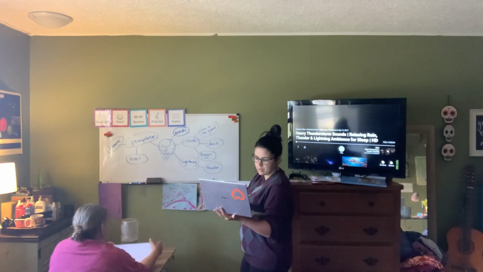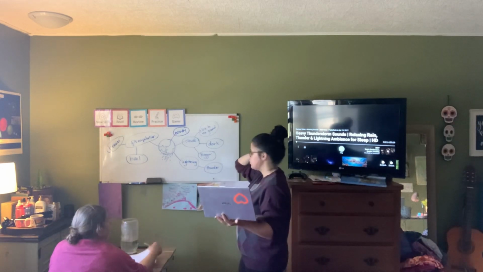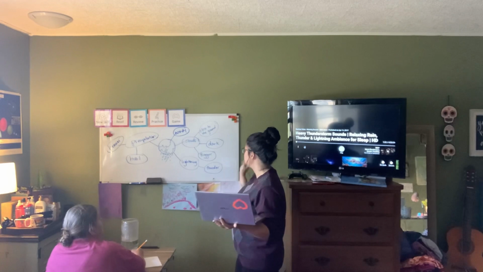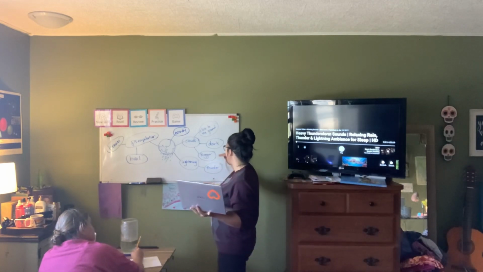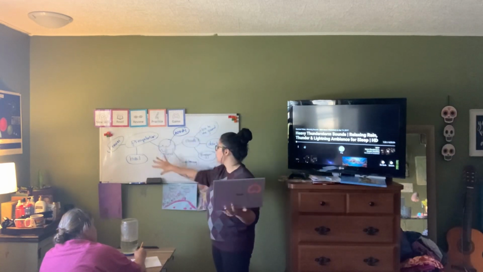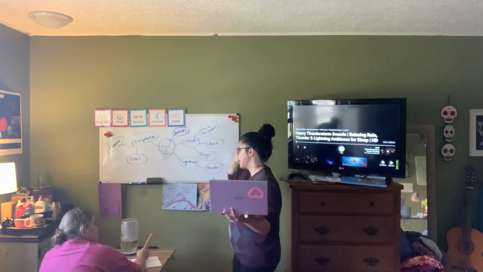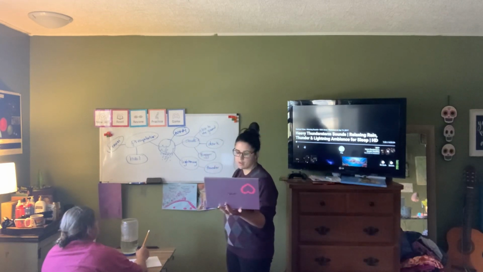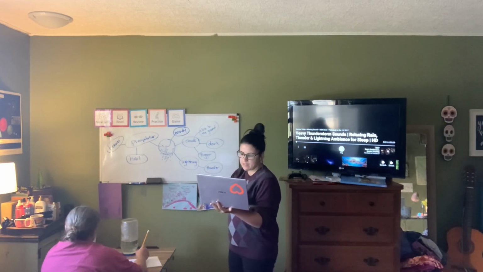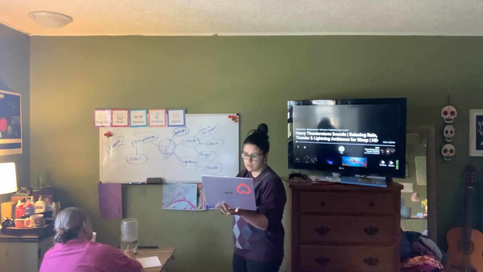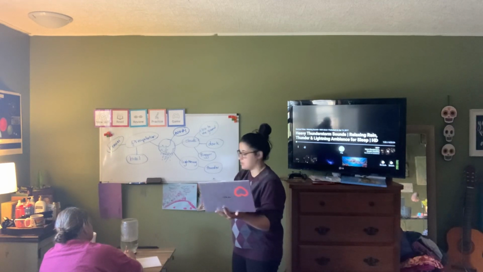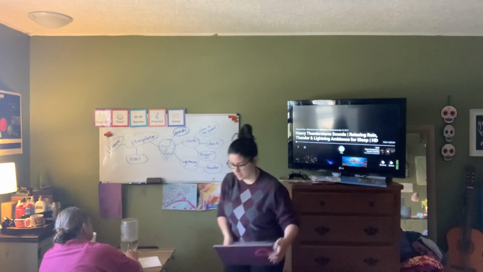You are going to basically fill out a recipe card that says what has to happen, because these things are a part of a thunderstorm, but there are certain things that have to happen to make these things happen. So I'm going to give you about 10 to 15 minutes to research, and then we will create our recipe card.